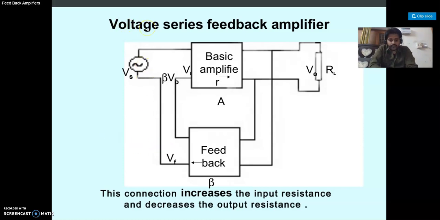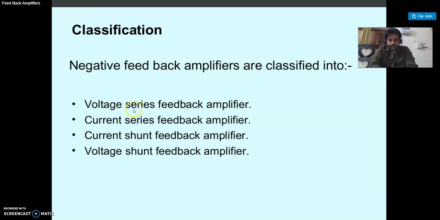Students, please do remember the second word especially, right? If you are going to have series as the second word, you are going to take the voltage source at the input side.